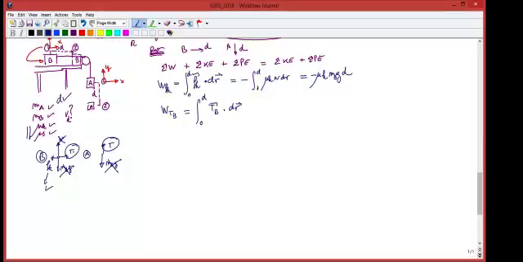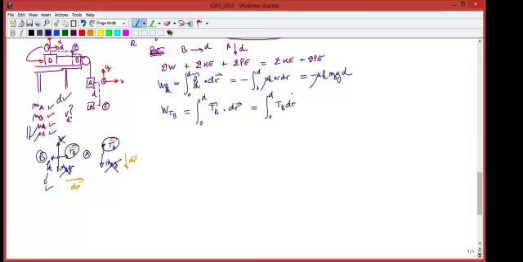Look at your free body diagram, plot dr. dr for B is towards the right, and dr for A is down. Let's do B. What is the relationship between vector T acting on B and dr? Yeah, they're both going in the same direction, towards the right. Therefore, the dot product is just a product of those two. Therefore, this becomes the integral from 0 to d of TB dr.